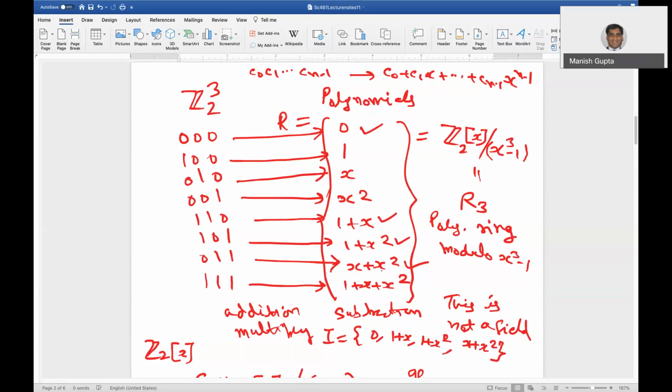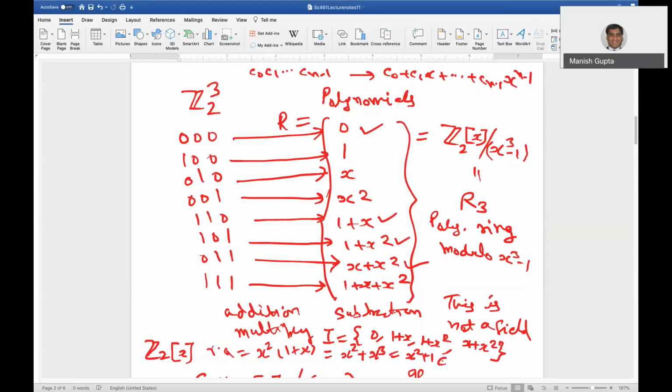Why? Because if we take any two elements and add them, 1 plus x plus 1 plus x square gives you x plus x square. We are in the set I, right? We subtract them, again we are in the set I. And if I take any element in R, say x square, and multiply it with, say, 1 plus x, looking at the condition r times a, we get x square plus x cube. x cube is 1, so this is x square plus 1.